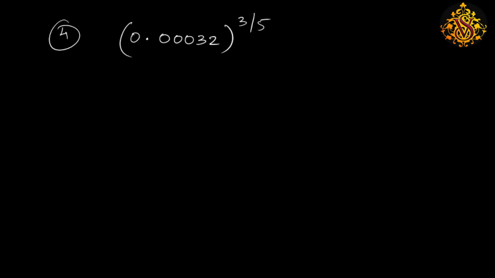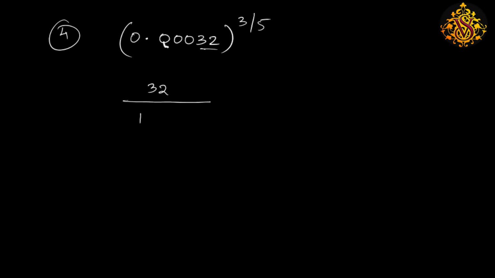In this kind of decimal point sums, just first write the digits that have been given. That is, the digit given is 32, right? And look at the numbers after the decimal point. How many numbers are there? 1, 2, 3, 4, 5. 5 numbers are there.